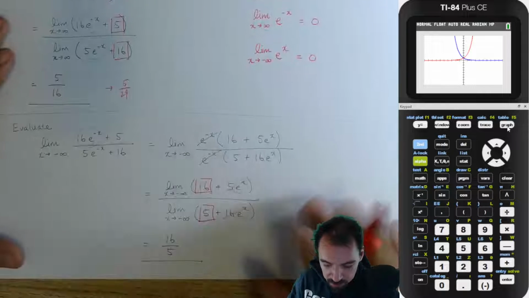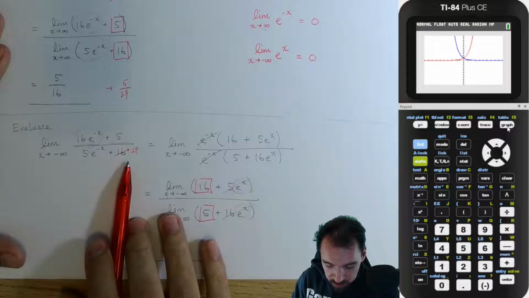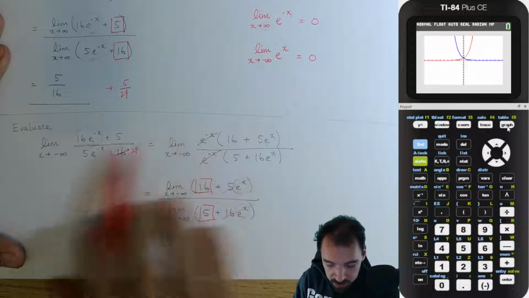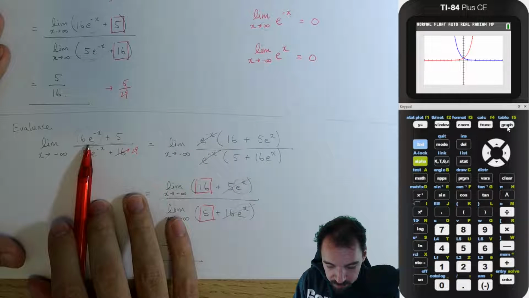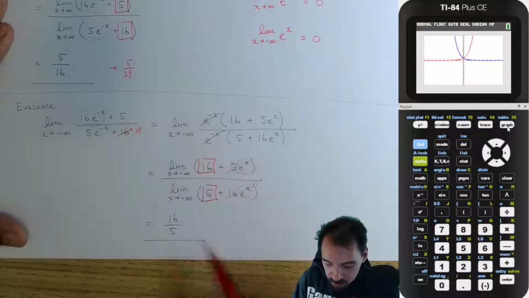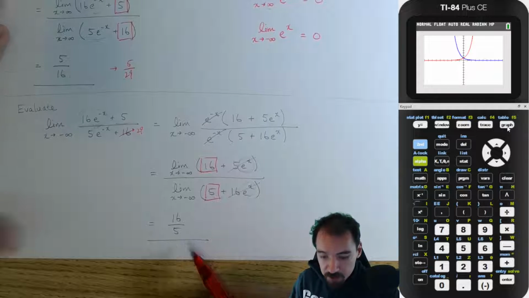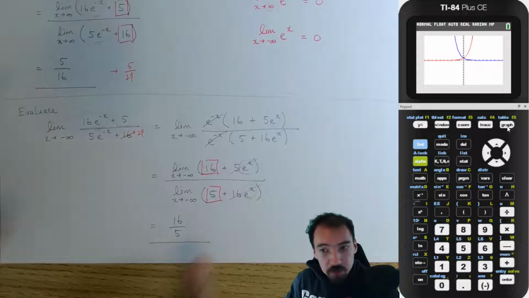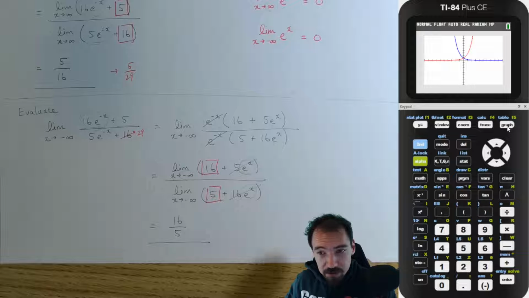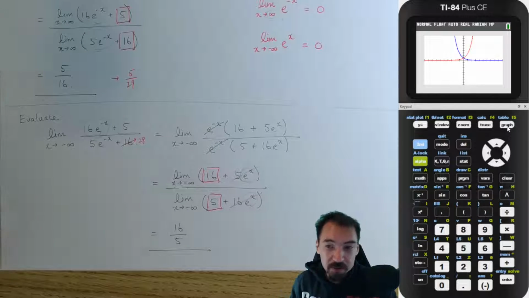But now down here, let's imagine I turn this into 29. Well, as I factor out the e to the minus x, the 16 and the 5 are the ones I ended up focusing on, so my answer down here would remain at 16 over 5. So this relationship that we happen to see was purely a coincidence. Don't fool yourself into believing that the limits are always going to be reciprocals of each other.